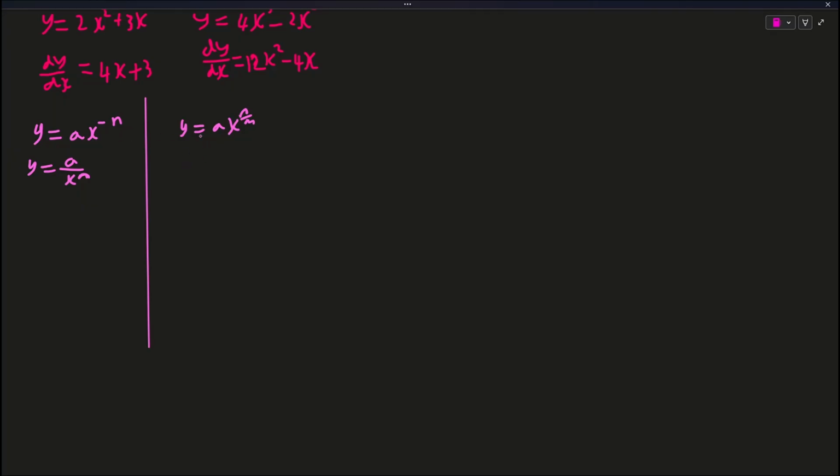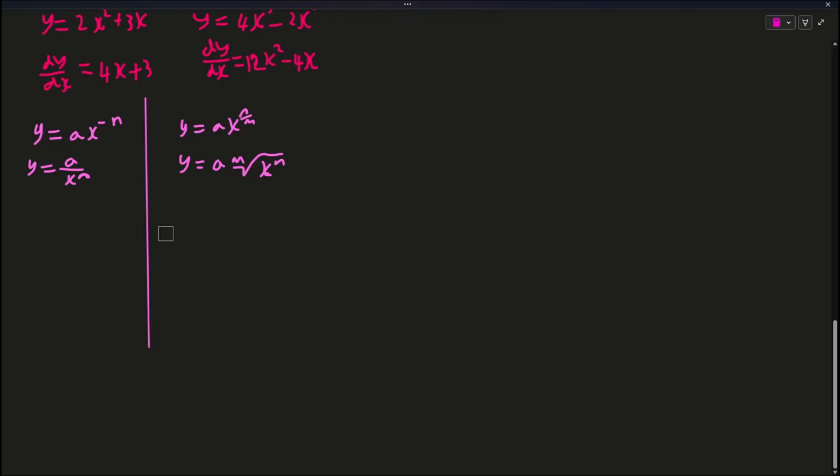And with y is equal to ax to the power of n over m, this is the same as y is equal to a times by the m root of x to the n. It's the same thing, right?